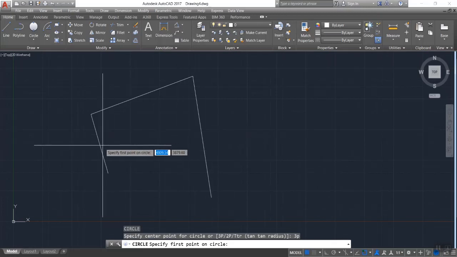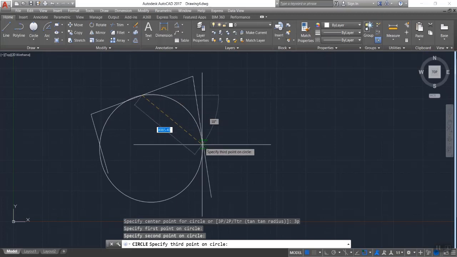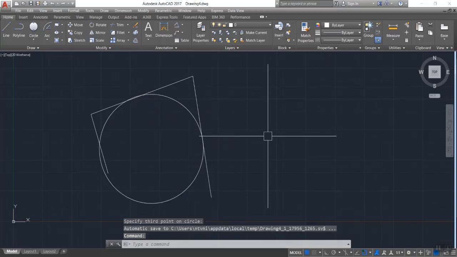So let's midpoint, and midpoint. It's not necessary that we have to select midpoint. We can select any point on the line, or any other points, or anything which we need. For now I have chosen midpoint because it is much easier for you to understand. Okay, this is the fourth method.